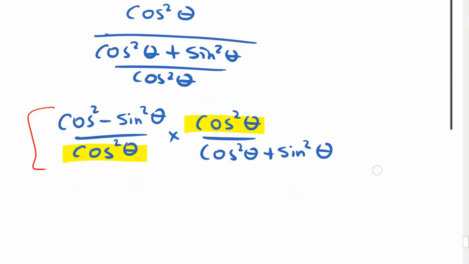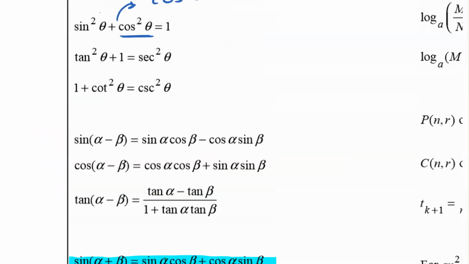So now I've got cos squared, oh, I forgot a theta. Half mark off. Okay, cos squared theta minus sine squared theta all over cos squared theta plus sine squared theta. I'm hoping that some of you look at this and see this. Right? Sine squared theta plus cos squared theta equals 1.